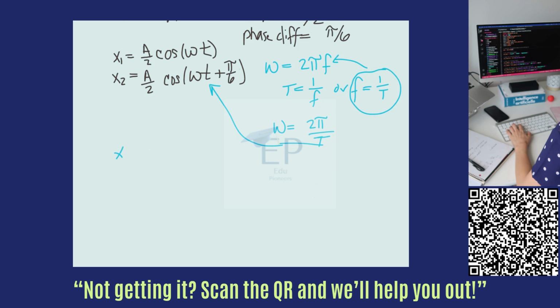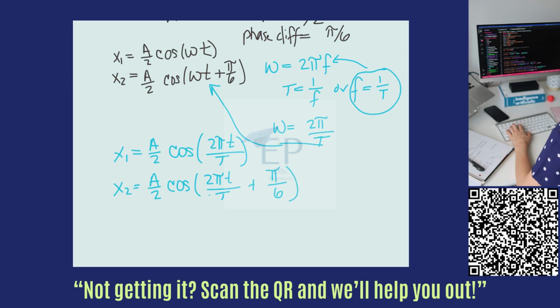So our new functions are the position of x1, our first particle, is going to be a over 2 cosine of 2 pi times our time over our period. And our position for 2 is going to be a over 2 cosine 2 pi times our time over our period plus pi over 6.